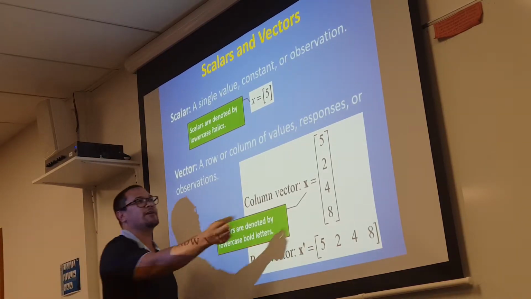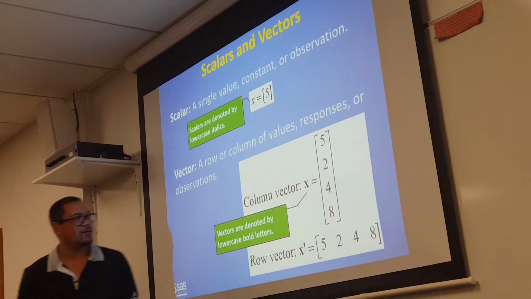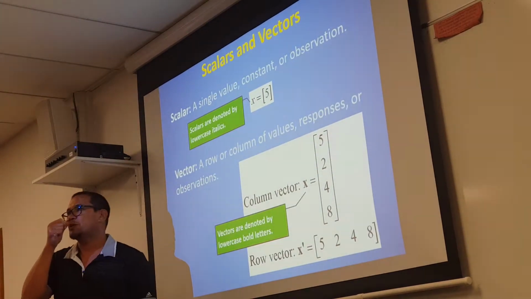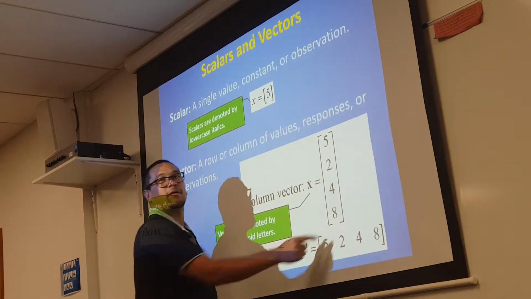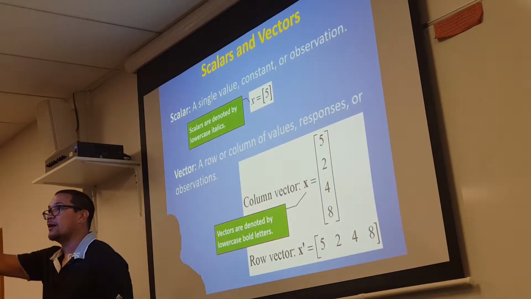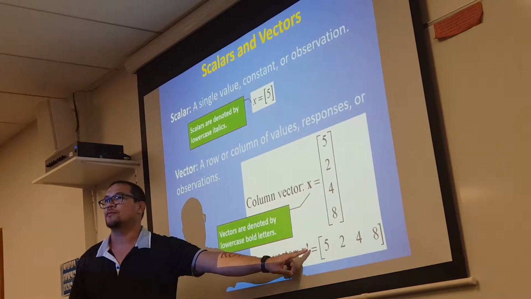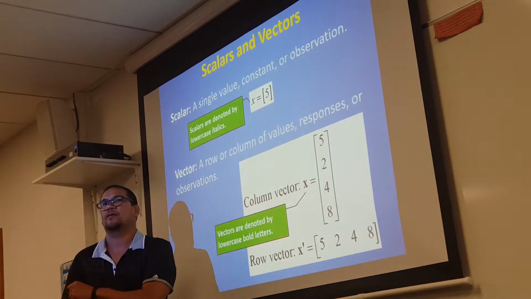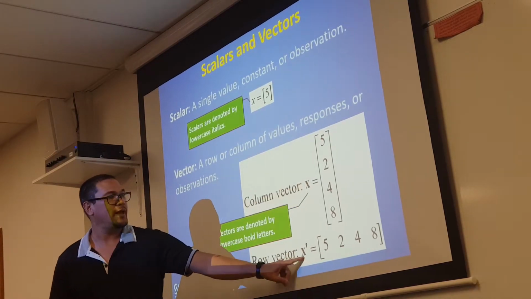So this is a column vector here, a single column. This is a row vector. Usually when I'm talking about vectors, I'll be talking about column vectors. If, on the other hand, I want to talk about a vector as a row of numbers, I'll talk about it as x transpose, or x prime. So this would be called x transpose.